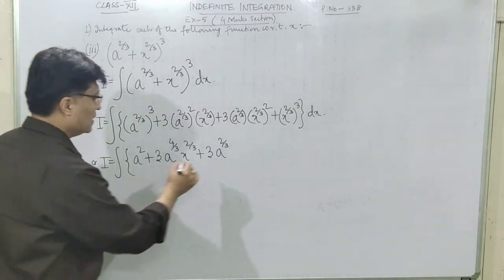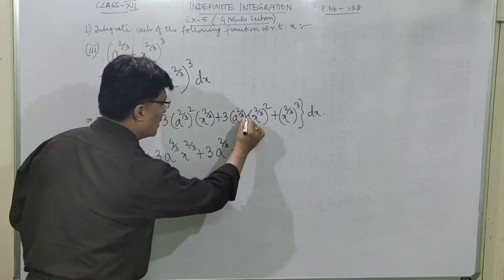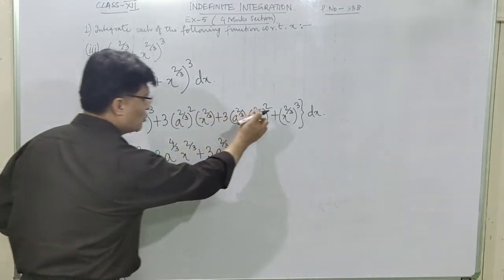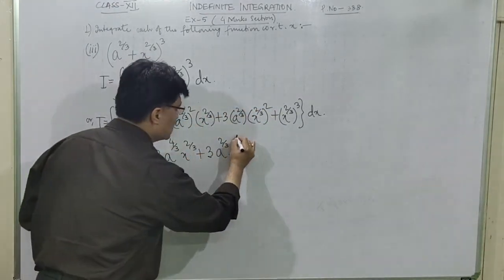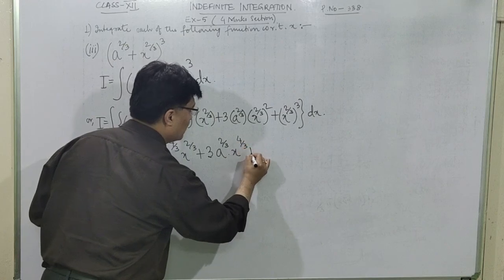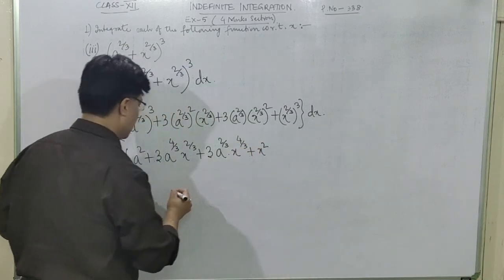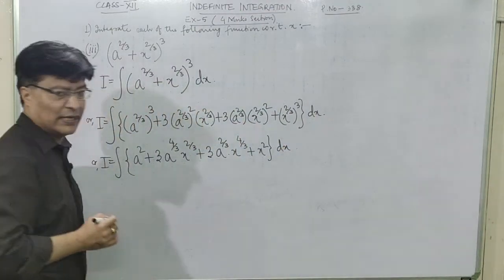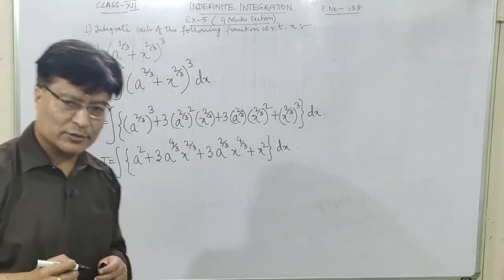Then into x to the power 2/3 whole square, these two powers must be multiplied, that is 4/3, plus x square. So this second bracket is closed. Then you should write here dx. So I think you have understood it.